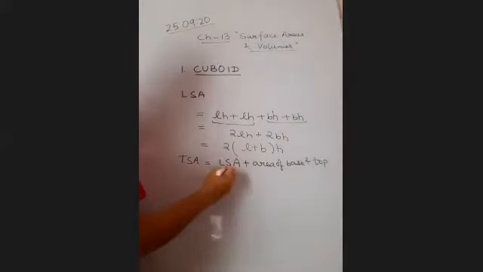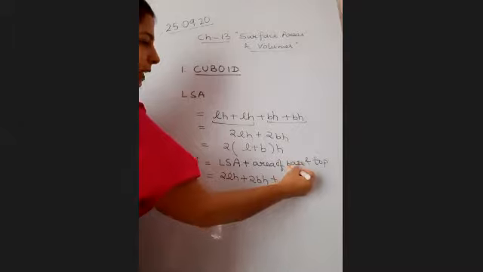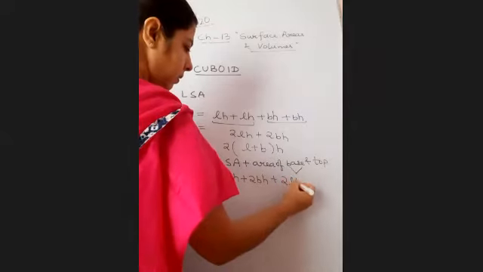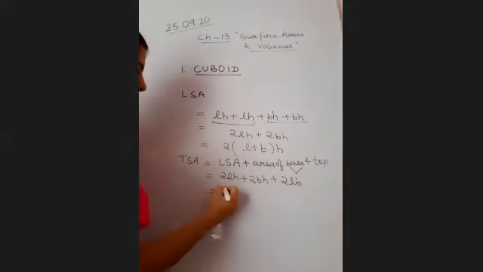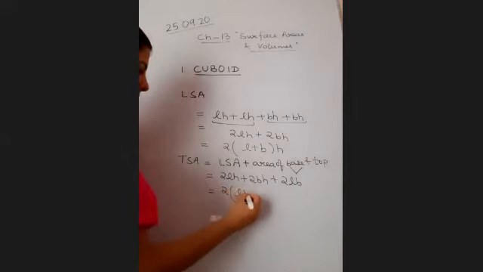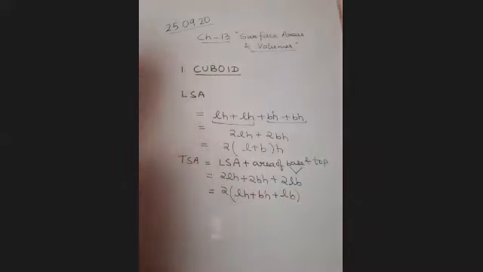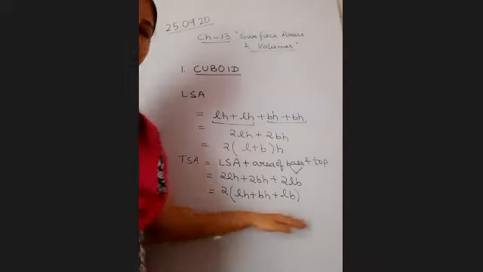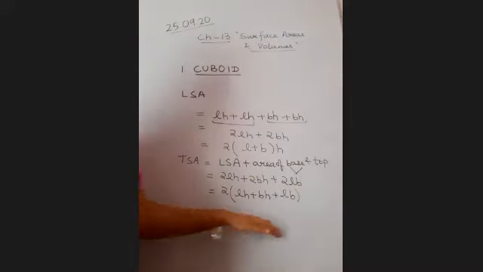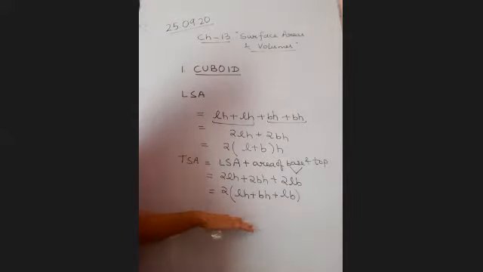Now, LSA is 2LH plus 2BH, and the area of base and top is LB plus LB, which is 2LB. So 2 into (LB plus BH plus HL). Right? So this is known as the total surface area of the cuboid. This is lateral surface area. This is total surface area.